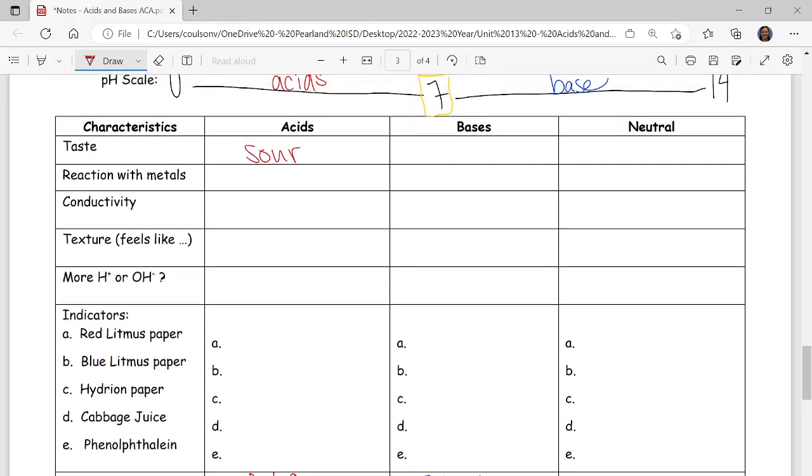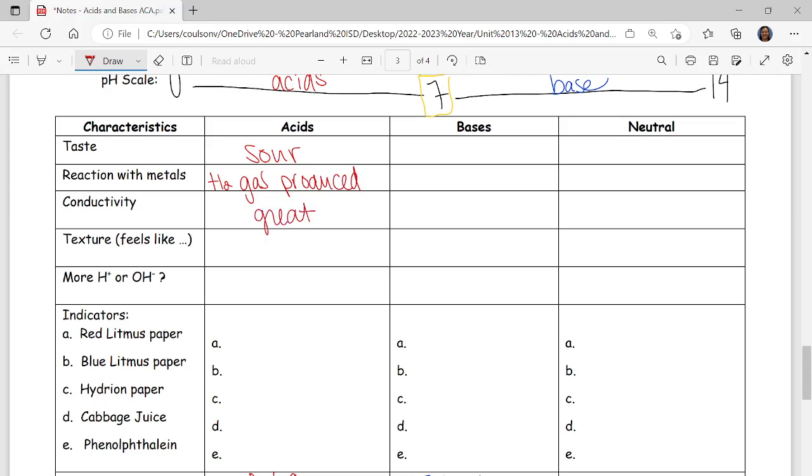The reaction with metals is that an acid in the presence of a metal is going to produce hydrogen gas. Acids are great conductors.